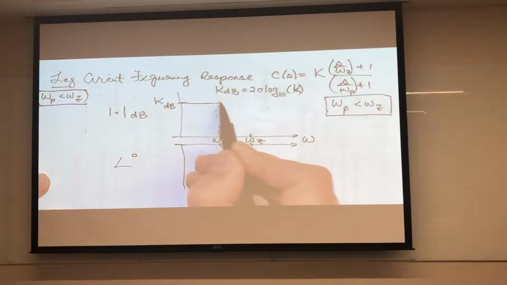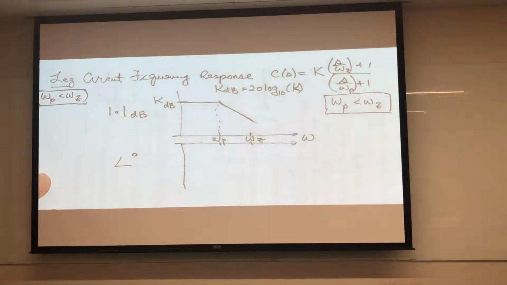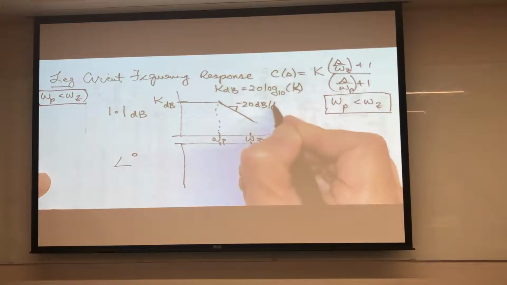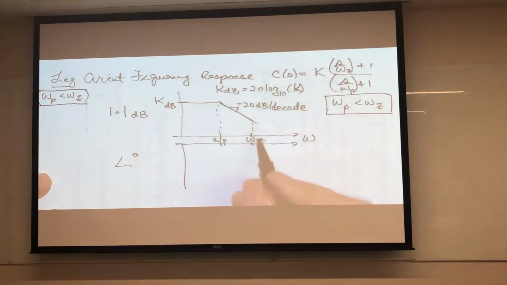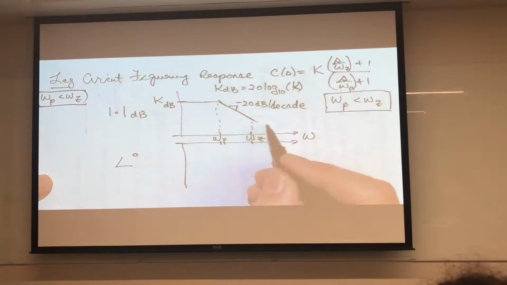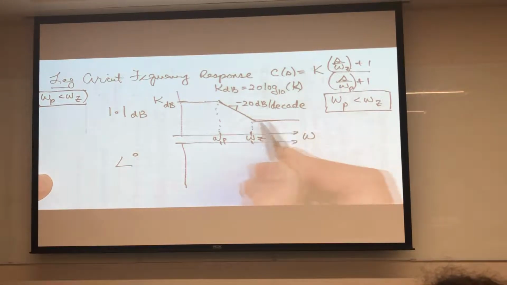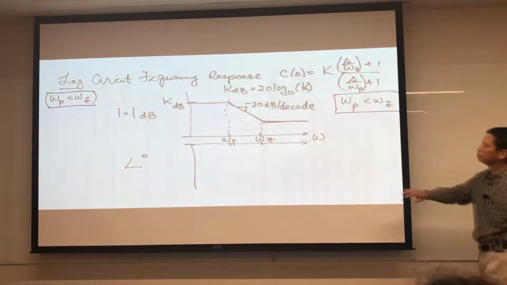And then, because it's a pole, it starts decreasing like this. And we know that this slope is minus 20 dB per decade. And then we know how to sketch the magnitude response of this thing. If there's a 0, the change in slope is plus 20 dB per decade, so then it flattens out again, like so. So this is the magnitude response of the phase lag compensator.